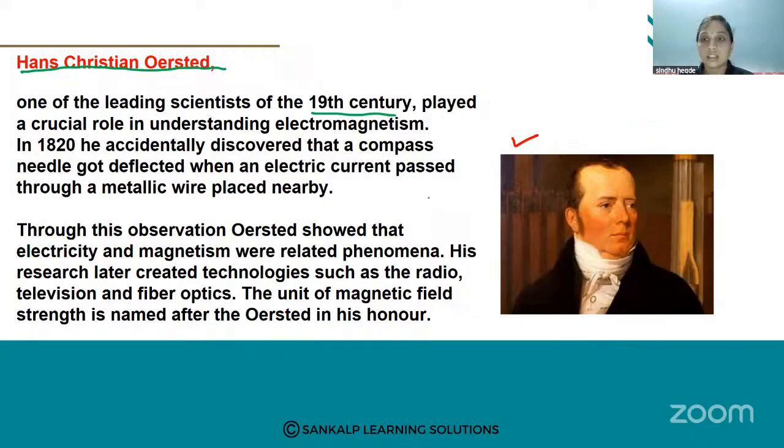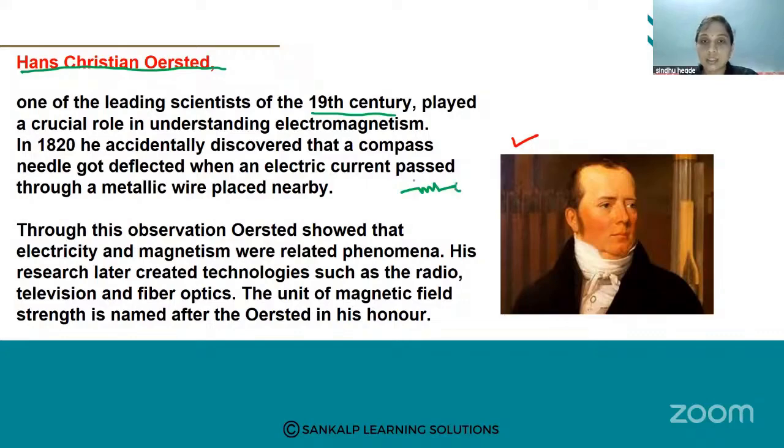See, what does he do? He used some instruments, some components, and made one circuit. For example, this is one circuit. We are all well aware of circuits because we already learned these concepts in the electricity topic, right? Yes, isn't it, students?